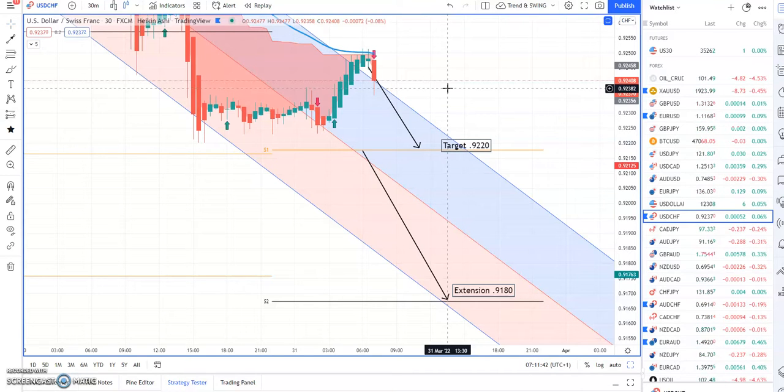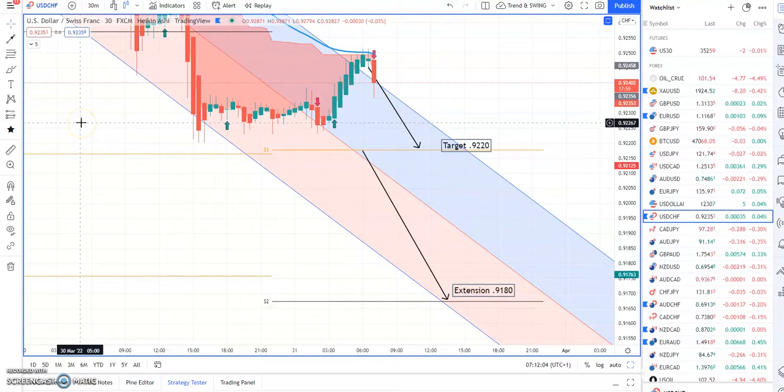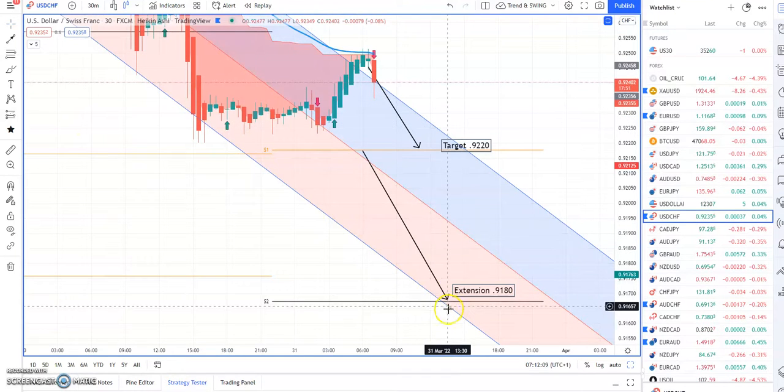What happens is the price moves into an area, what we call a sell zone in this instance, where the price bounces off the 50-day moving average and also the top of the trend channel. So this is highly likely to fall. So you're putting the probabilities in your favor. So 92.20 is a nice first target, and extension 91.80. I always go for the 91.80, the extension. That's just me.